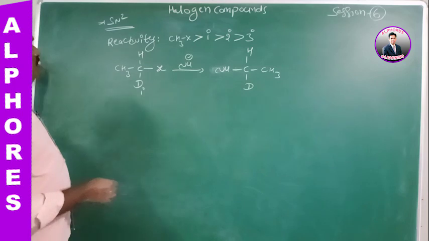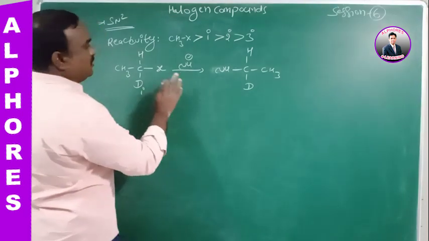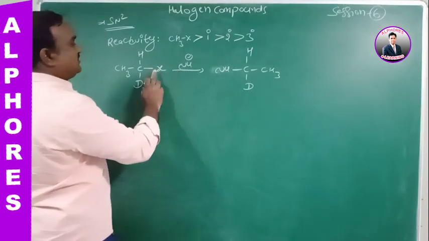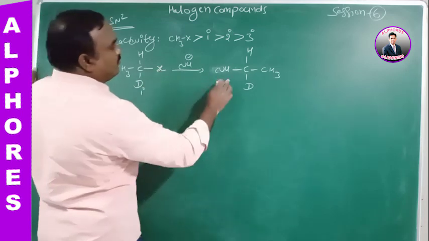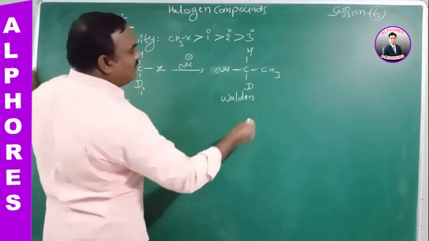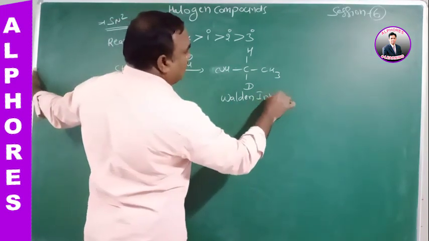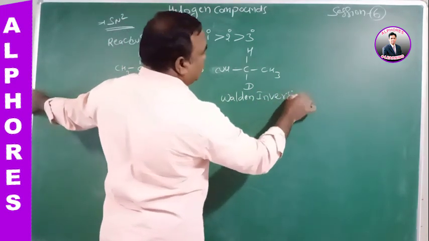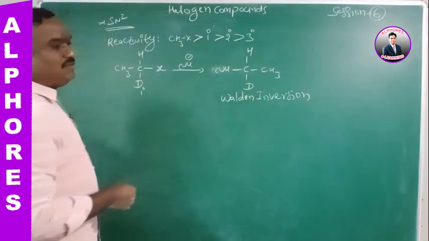The incoming group's position is exactly opposite to the leaving group. The product is generally called the Walden inversion product.